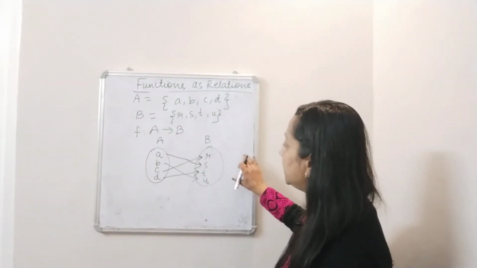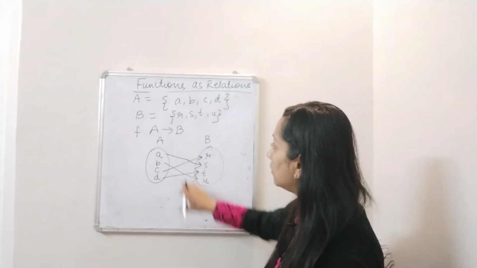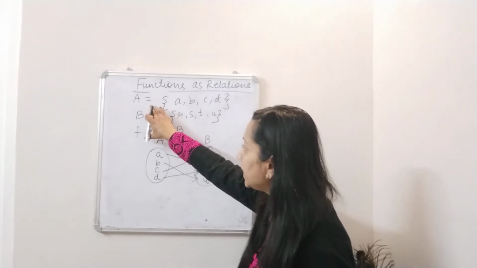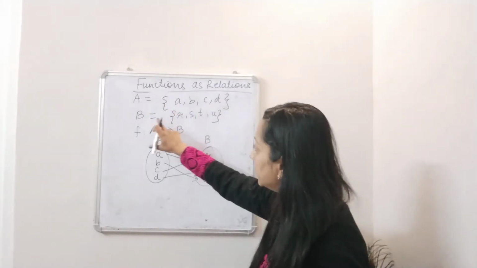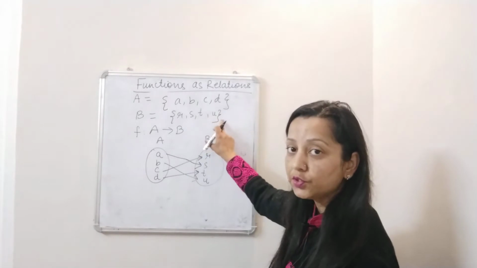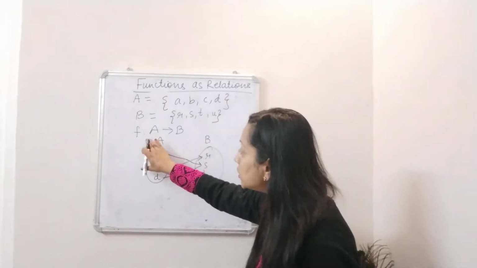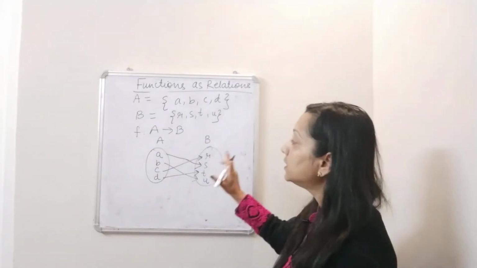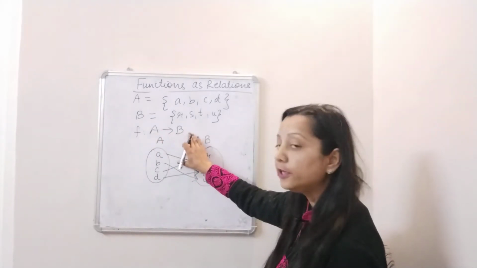So clearly you can see here, there is a set A having elements A, B, C, D. Then there is a set B having elements R, S, T, U. Then this function goes from set A into set B, right?